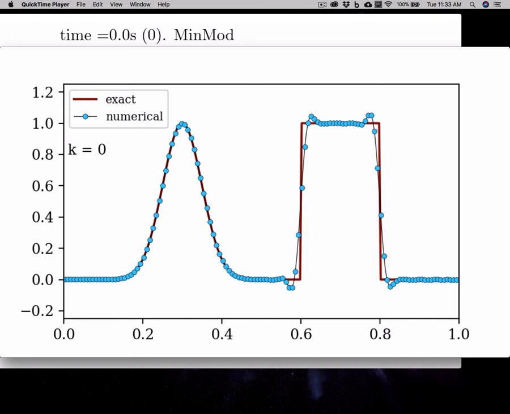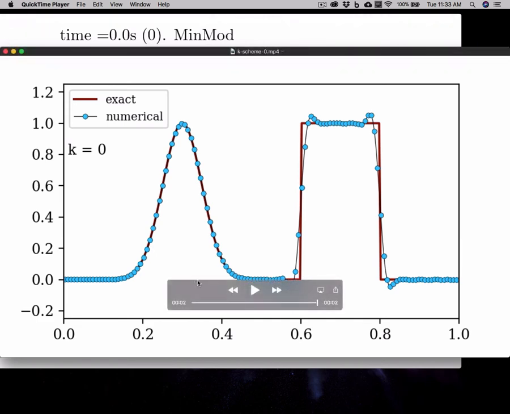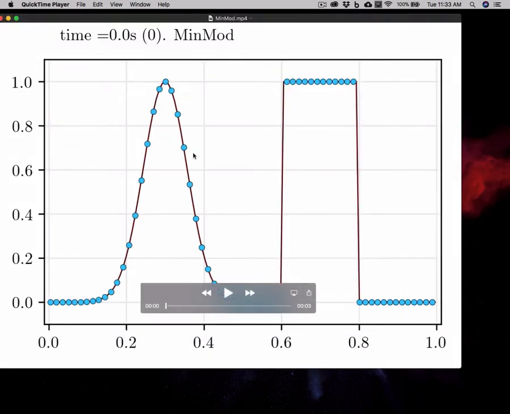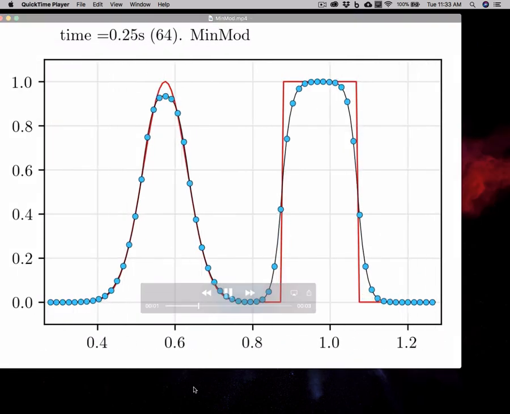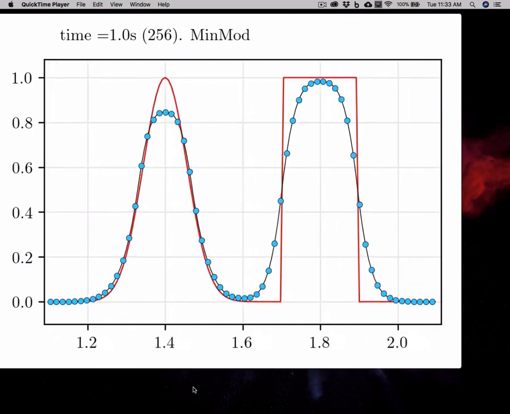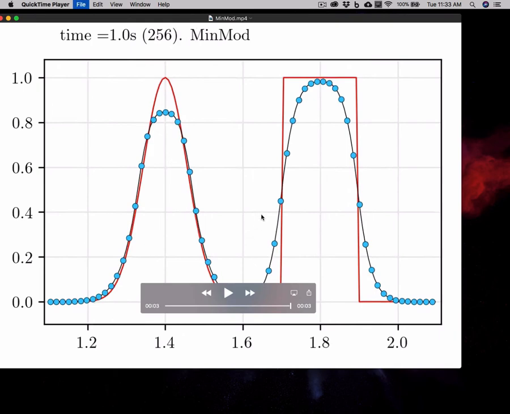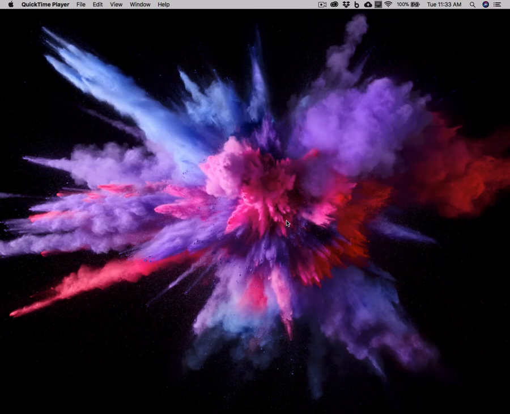But to give you the impression that it's actually moving, what I did yesterday, I actually moved the background. So look at this. I'm still moving within the same reference frame, but I'm moving the x-axis in the back. Anyway, this is still a flux limiter, or we can start calling them limiters, okay?